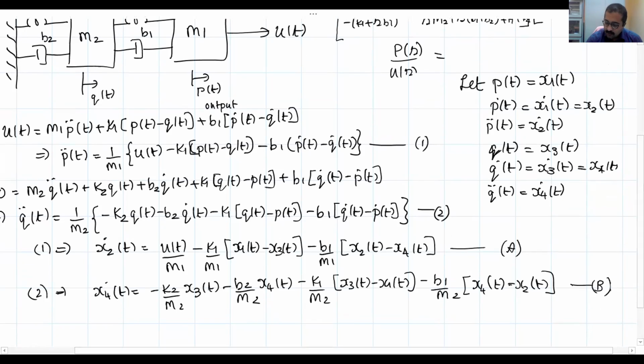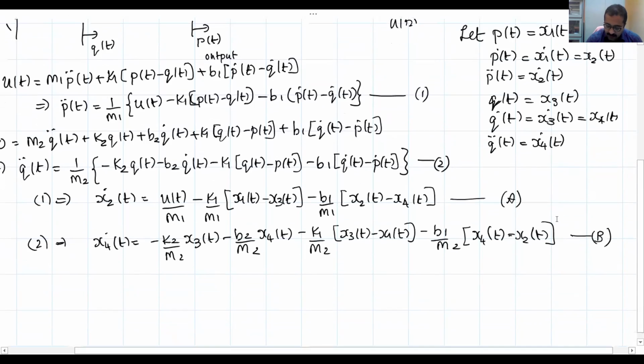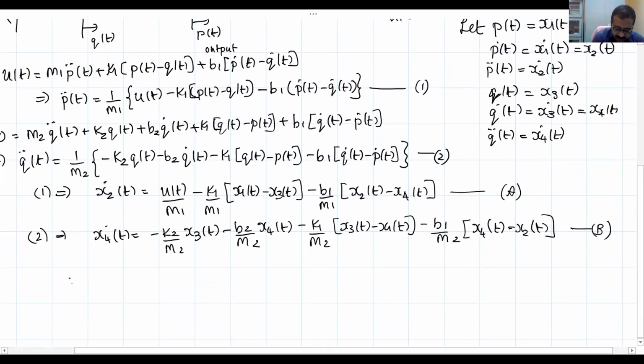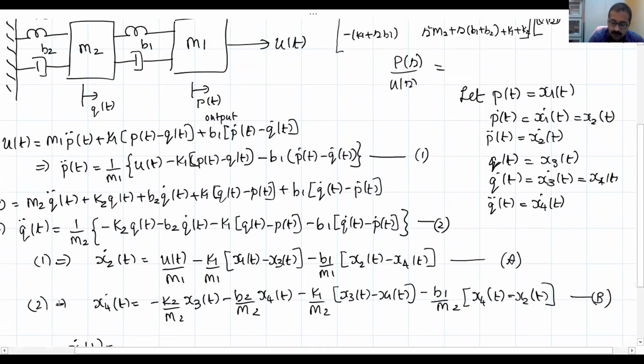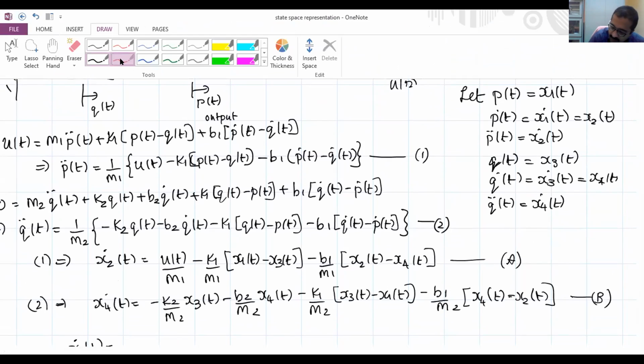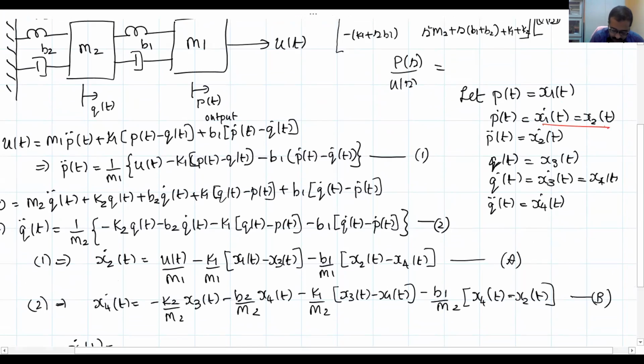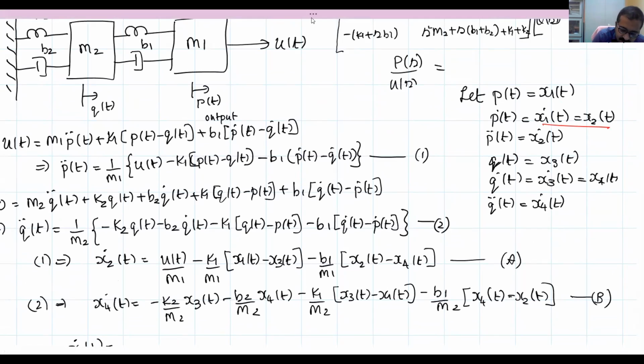Now these can be written in matrix form. Let me write all these things together. x1 dot t is equal to what? We have defined x1 dot t as x2, so x1 dot t is x2.